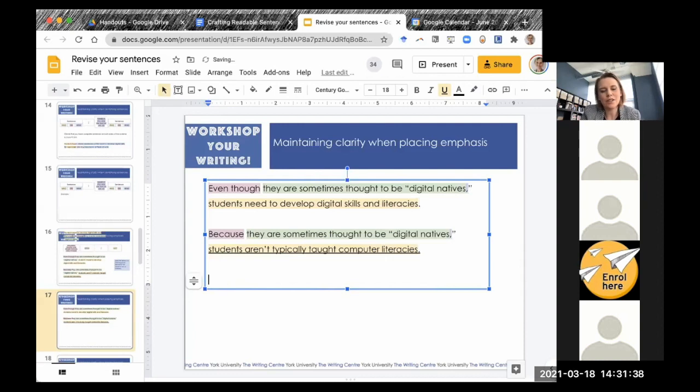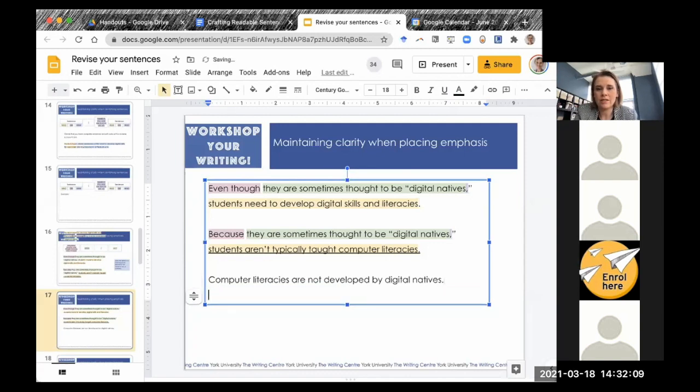I am so untrained to write passive construction that it's really hard to come up with examples. Okay, computer literacies are not developed by digital natives. All right, so the thing that should be doing the action here is digital natives, who should be developing computer literacies, right?